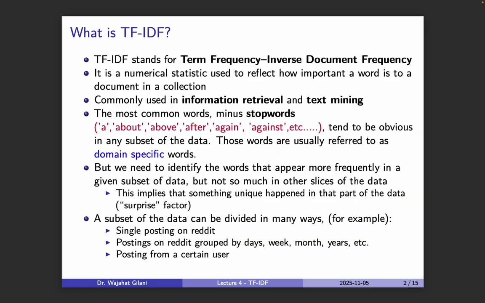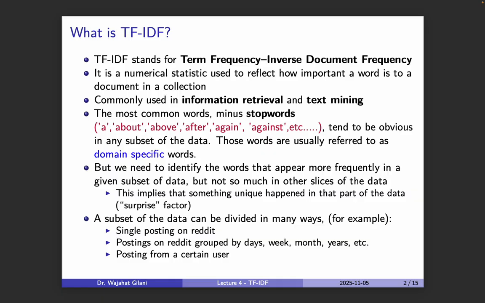If you look at my Wall Street Bets data set, that is one way we can divide it: each posting can be a separate document. I think I have 998 postings for my Wall Street Bets, so each individual posting could be considered a separate document. But that doesn't need to be the case. We can also group those postings by days.